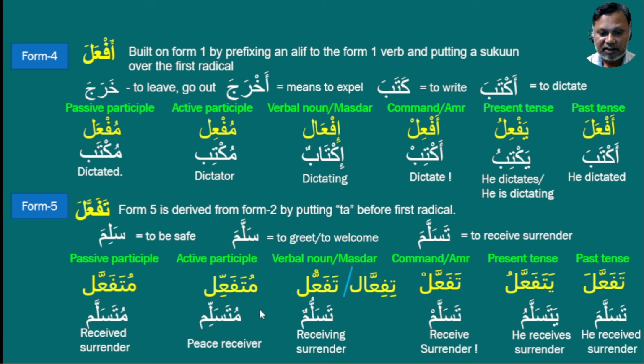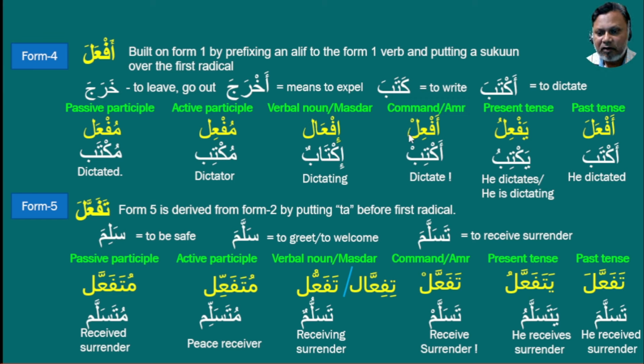This is the active participle meaning. And the passive is mutasallam, received, surrendered. So these are the form 5 verbs, a new branch. In this example, tasallama is a branch of the salima family, the salima tree.